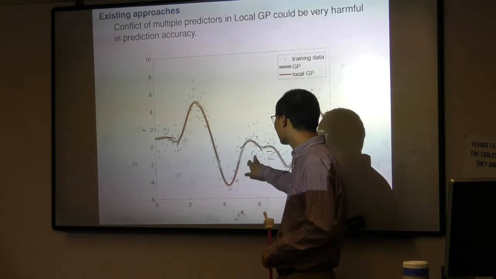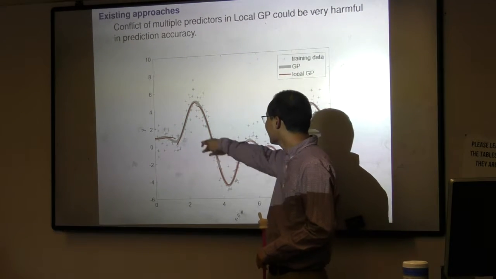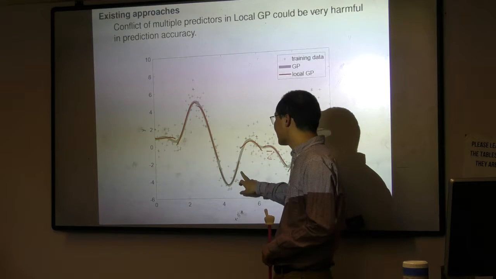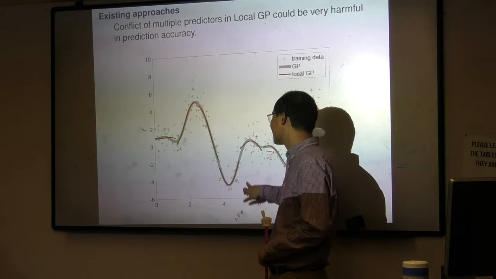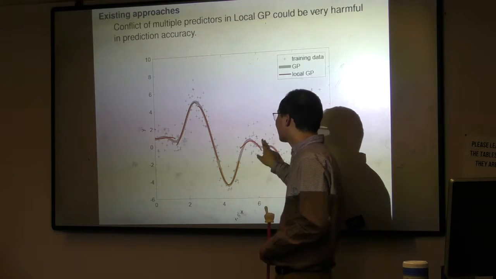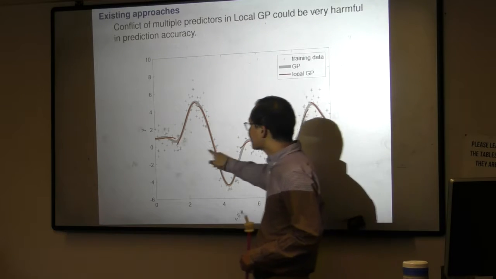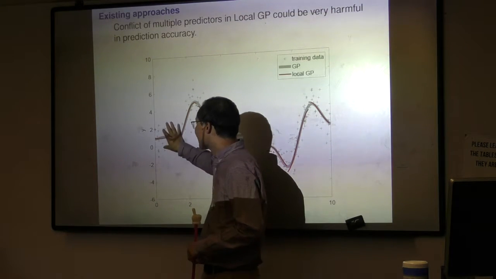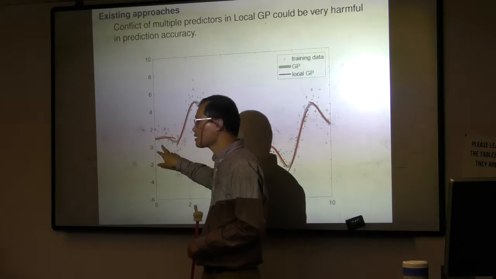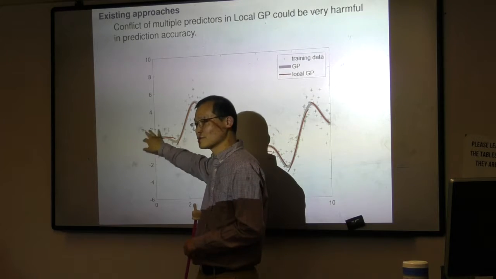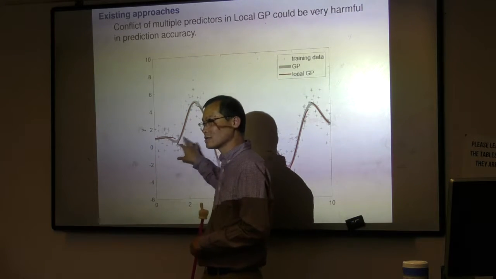And that mismatch is not just an aesthetic problem of your regression function. Prediction accuracy is significantly worse around the boundary of the local regions. That actually happens in many regression settings, right? Because along the boundary of your local region you do not have as much training data compared to the center of the region. So you use fewer data points, and your prediction is worse than at the center.